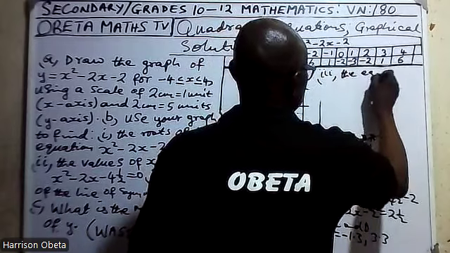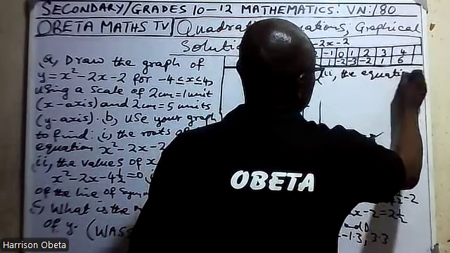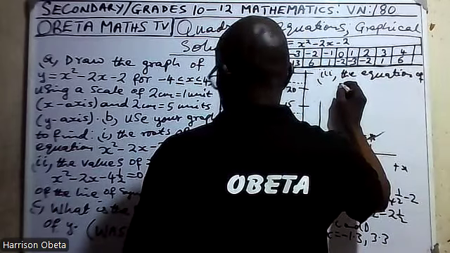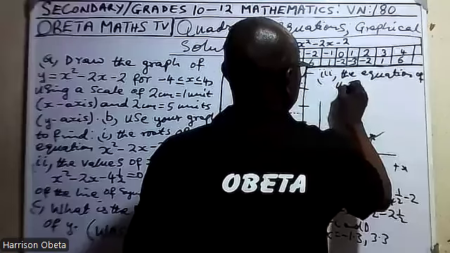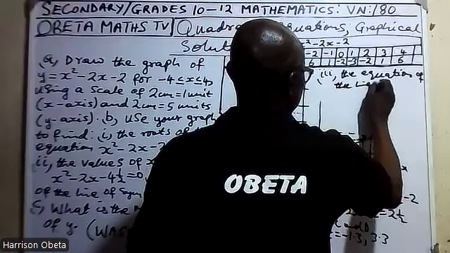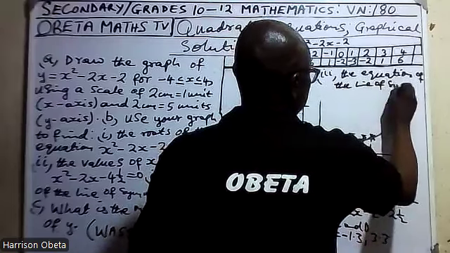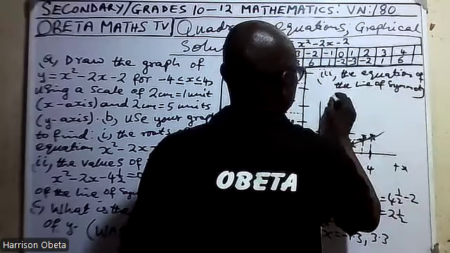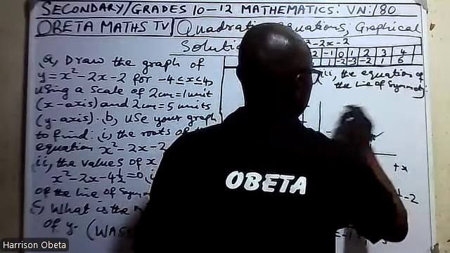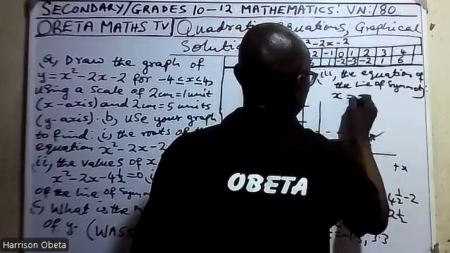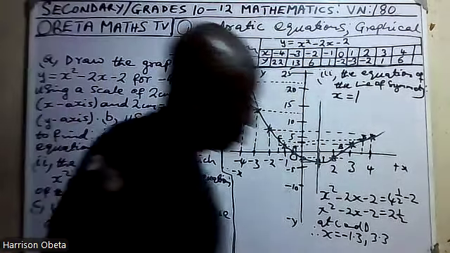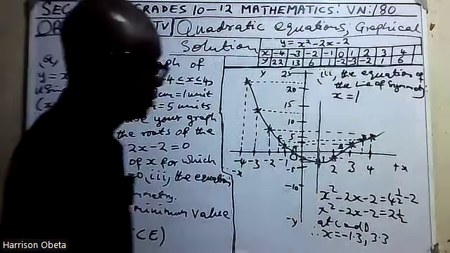The equation of the line of symmetry is x equal to 1. That is the equation of the line of symmetry.